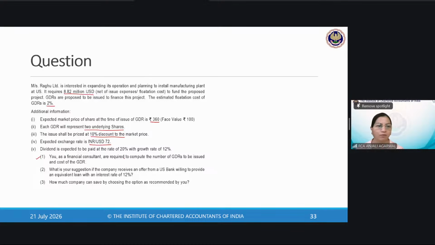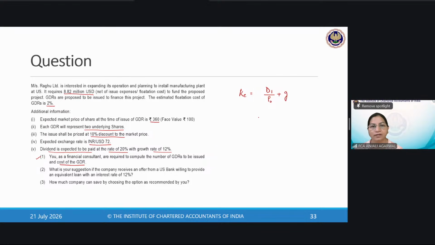Second part, what is the cost of the GDR? So if you look at the dividend expected to be paid at the rate of 20% with a growth rate of 12%. Firstly, it is the expected dividend. And if we use the dividend price model, cost of equity is given by dividend upon price or net proceeds plus growth.